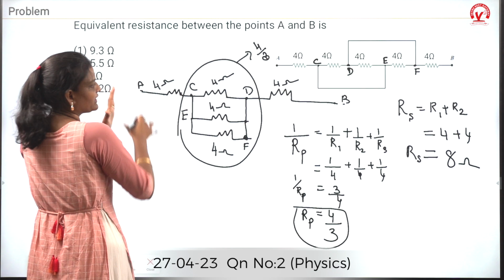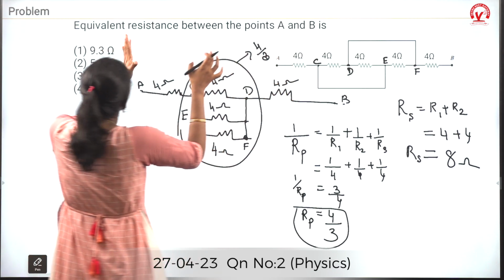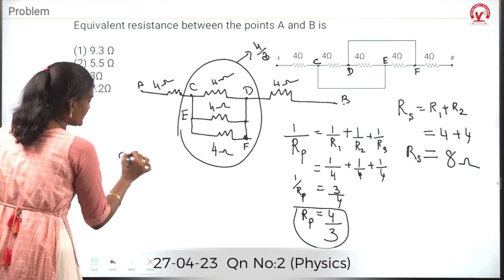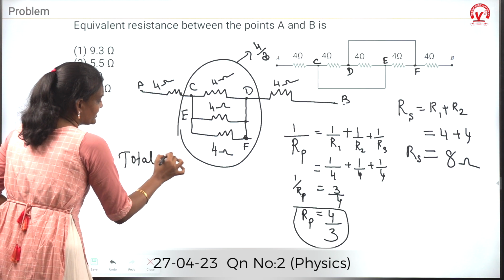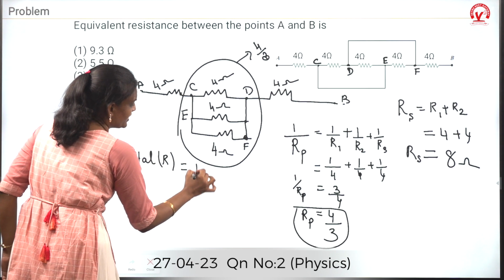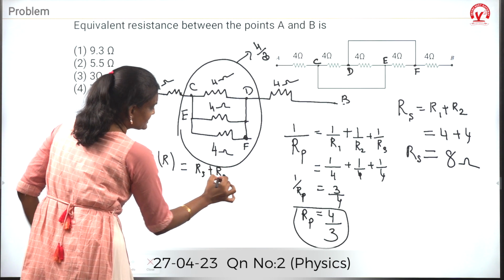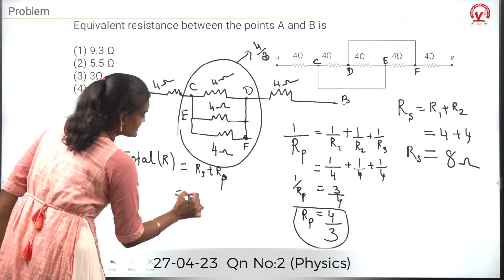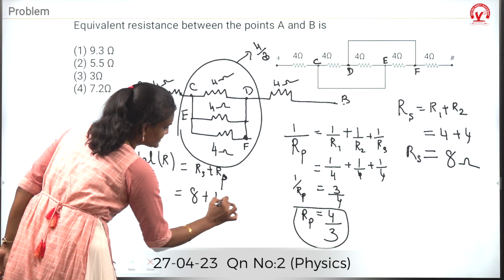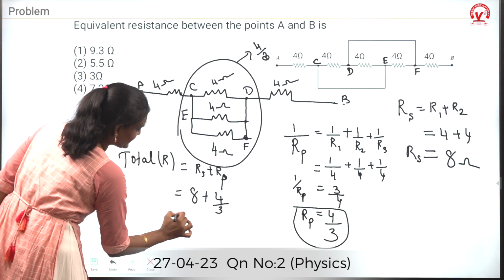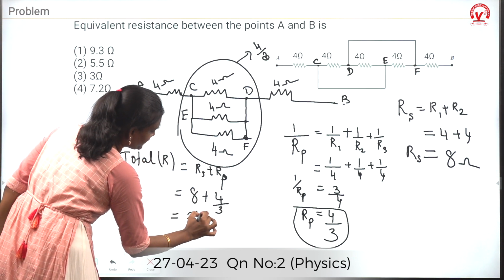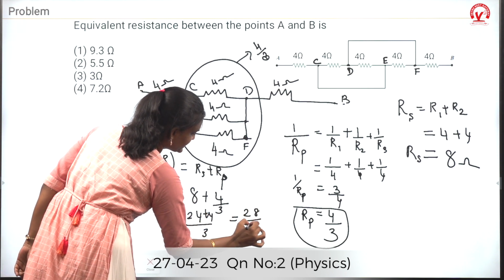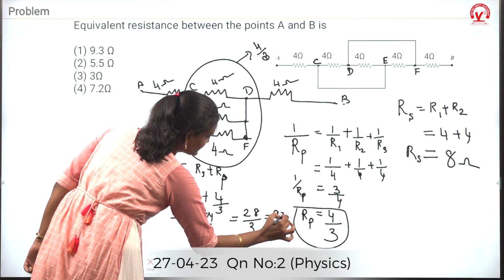Now we need to calculate the total equivalent resistance between the points A and B. So the total resistance R is equal to Rs plus Rp, resistance in series plus resistance in parallel. So 8 ohm plus 4/3, which can be written as (24 plus 4) divided by 3, equal to 28/3, equal to 9.3 ohm.